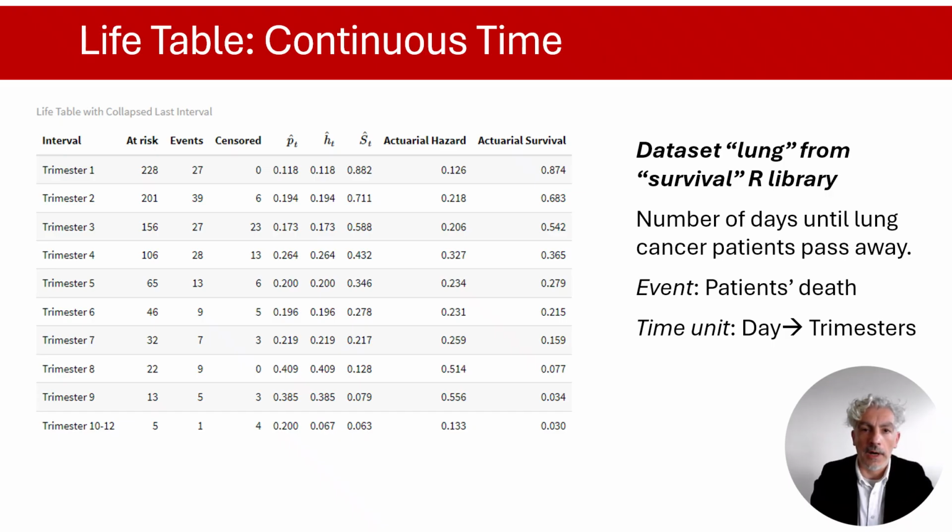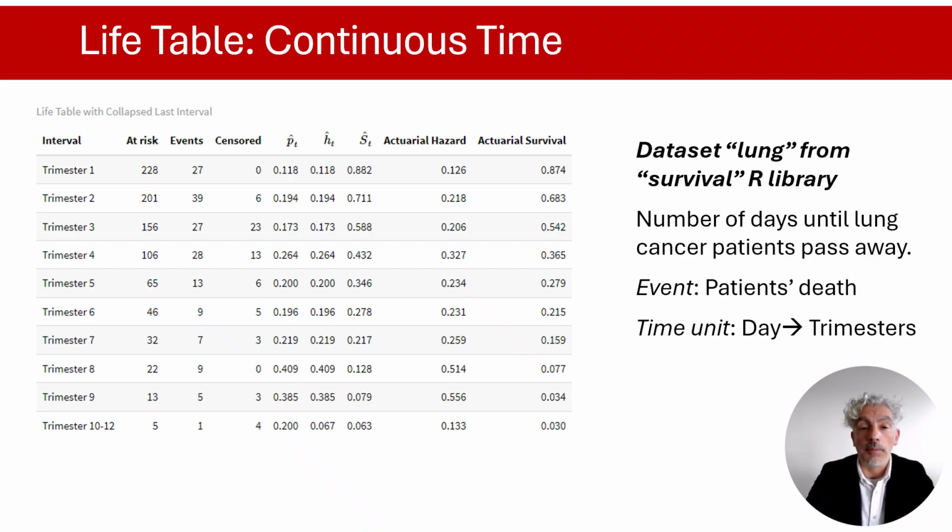There were other variables that represented, for example, the sex of the patients, the age of the patients at the start of the study, and so on. So using this example, the target event is death of the patients, and the occurrence of the event, as I said, is calculated in days.